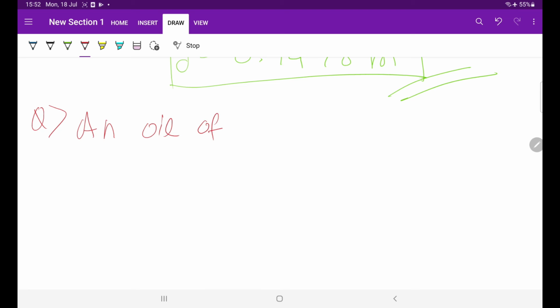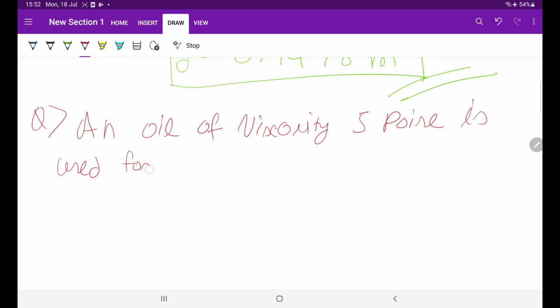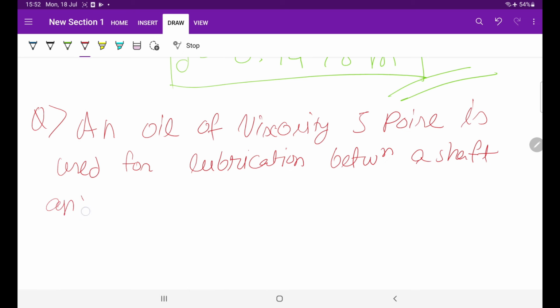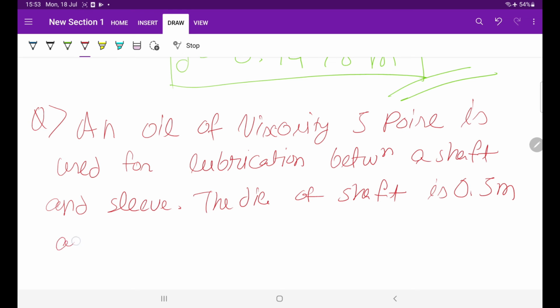An oil of viscosity 5 poise is used for lubrication between a shaft and sleeve. The diameter of the shaft is 0.5 meter, and it rotates at 200 rpm.